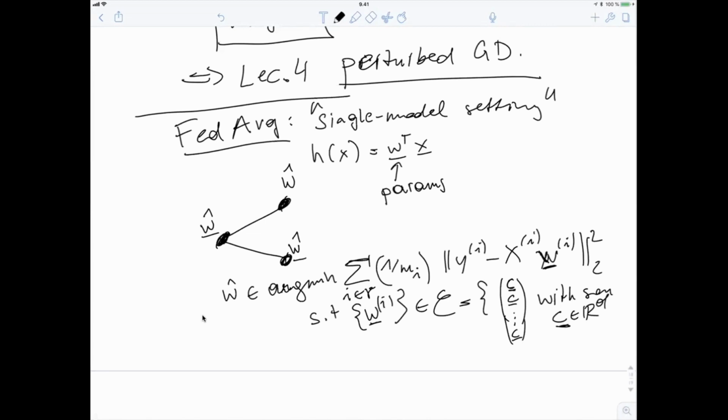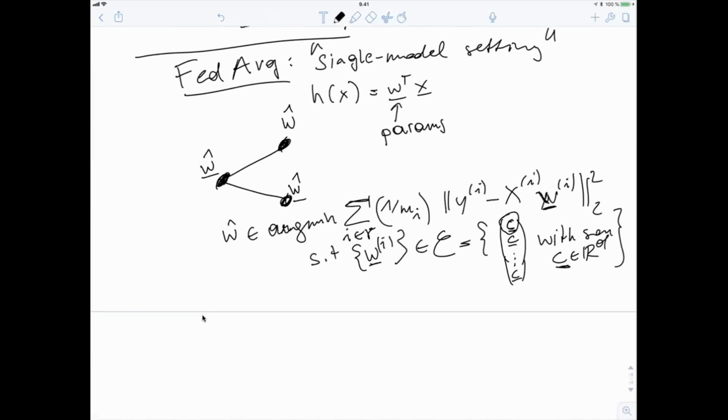So this C can be arbitrary, but we copy it, we clone it at all nodes. And this defines a subset or a constraint set. Okay, so I should be a bit more precise with the notation. I mean, the constraint is that the stacked local parameters, stacking into one big vector, belongs to this subset.